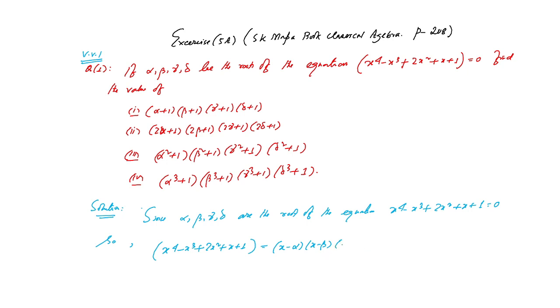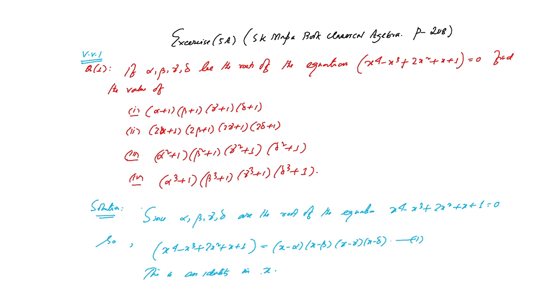The degree is 4, so there are 4 roots. So this is an identity in x.